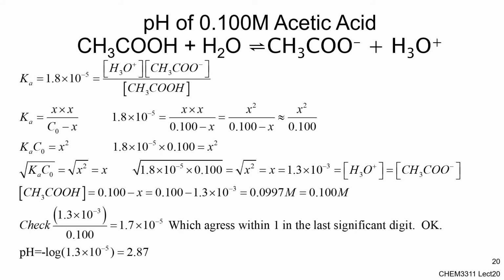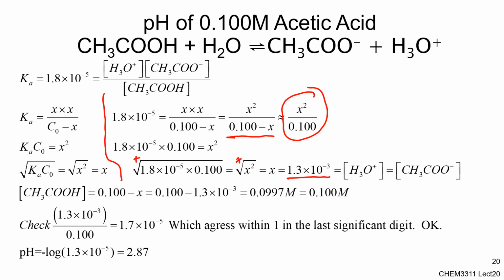Here's where we were two slides ago. We make that approximation. Now we have a perfect square. When we bring the 0.10 molar across, that's equal to x squared. We can take the square root of both sides, and of course we know that it's going to be the positive square root, and that gives me 1.3 times 10 to the minus 3.